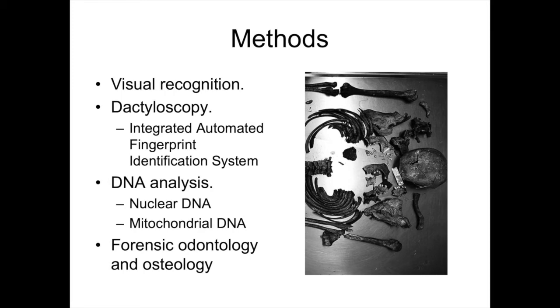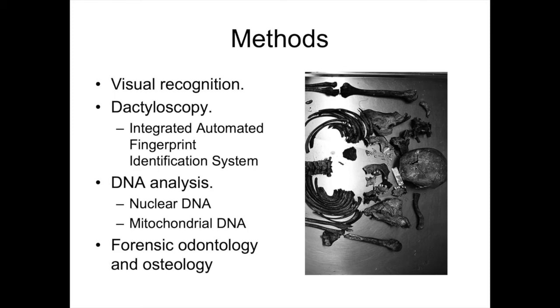So when a person dies in a hospital or at a home, or if they're dying accompanied by relatives or friends, or if personal identification is not in question, visual recognition is usually the primary means of establishing the ID of the person.